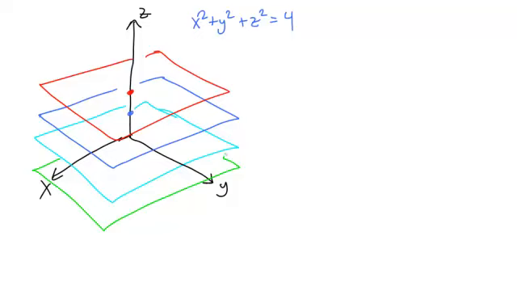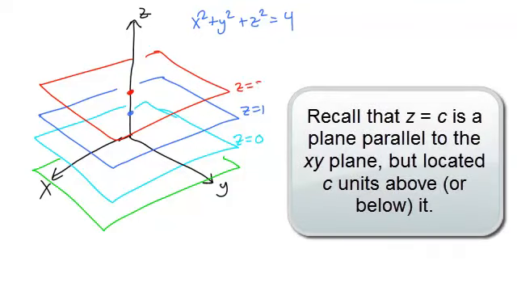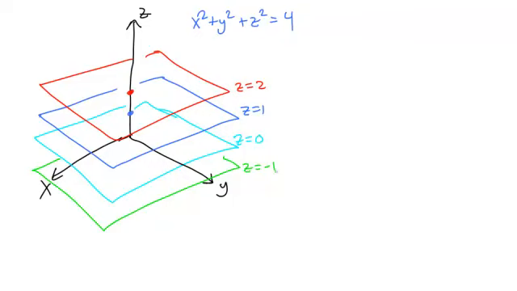Remember that each one of these slices is a plane. The xy plane is the equation z equals 0, and each of the other planes is given by z equals a constant, where that constant represents the height above or below the xy plane. Now how do we see what each one of these slices looks like? Let's focus on the z equals 0 slice first.